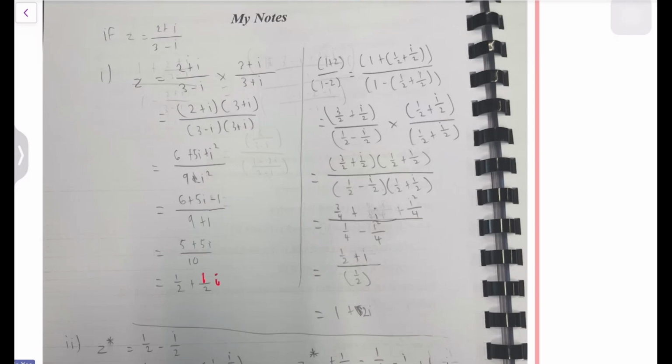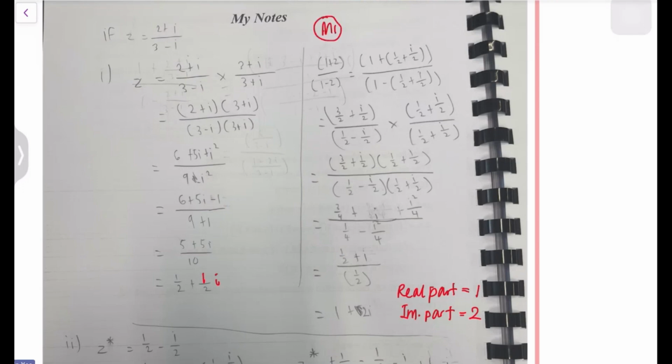Then he substituted this into the fraction, 1 plus Z over 1 minus Z. Then you do all the gymnastics to get this. Now, the only error that he made is because the question asked to state what is the real part and what is the imaginary part, he never stated it. So the real part is 1, the imaginary part coefficient is 2. So this is method 1.